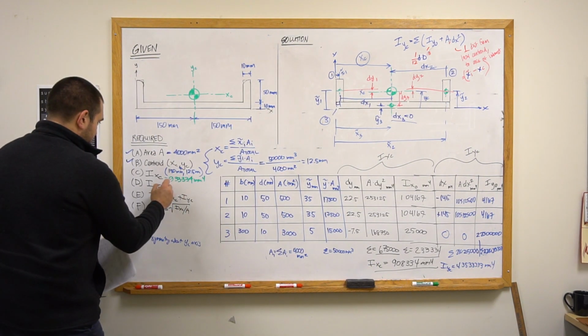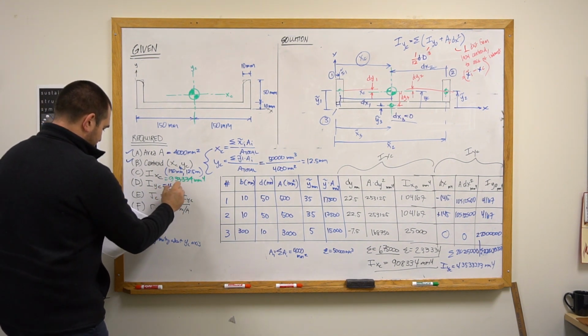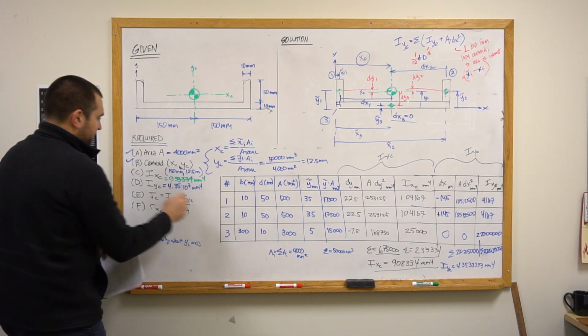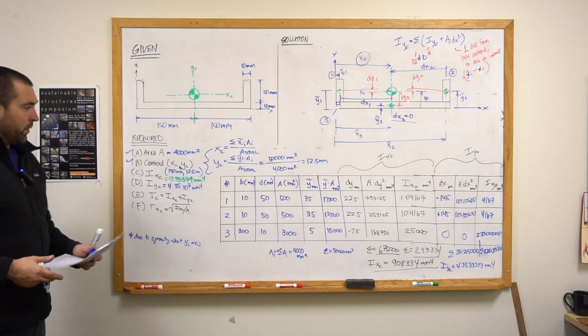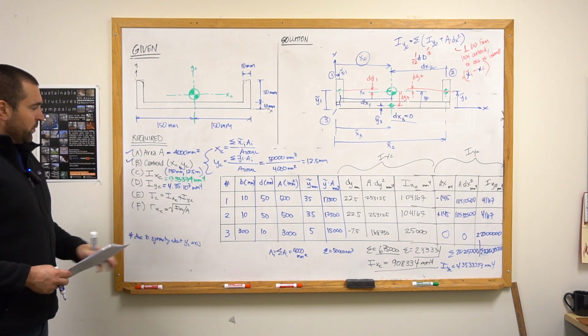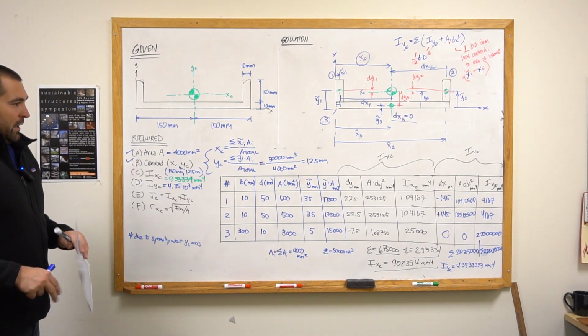I could plug that in over here. I could put in scientific notation as well too: 4.35 times 10 to the 7th millimeters to the fourth. I could easily change that into meters to the fourth if I wanted to, but everything's given in millimeters, so unless the question tells you otherwise, it'd be fine to leave them in millimeters to the fourth. But that's how you go about it.